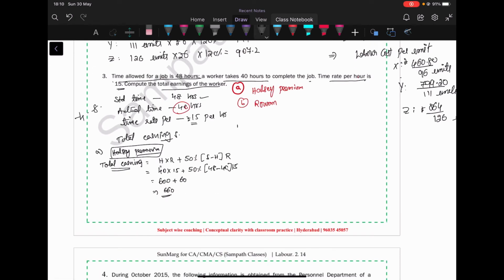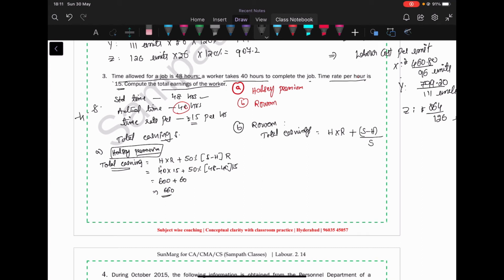Next, the second one, that is Rowan. For this the formula is the same for the total earnings. Total earnings: actual hours into rate per hour plus time saved. Time saved is how much? Standard hours minus actual hours is your time saved. Here we will be seeing the proportionate basis.